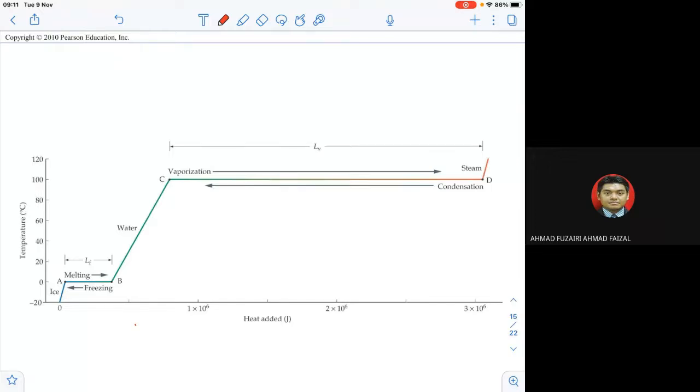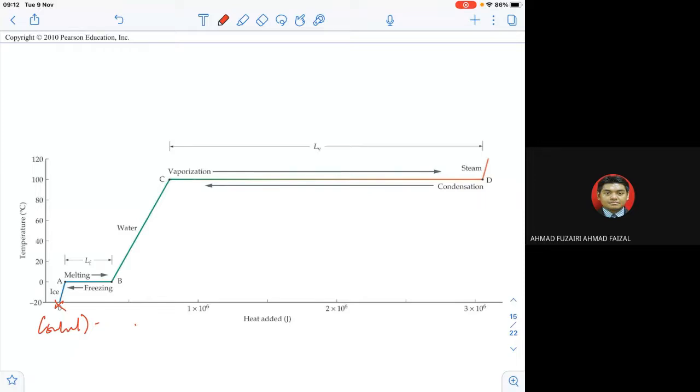For example, at negative 20 degrees Celsius, which is here, the water is in ice form, dia dalam bentuk ice, and ice is solid. Because water at 0 degrees is at its freezing point, obviously before that it is solid.